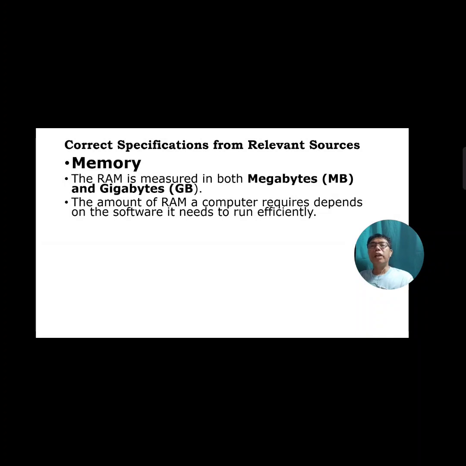The amount of RAM a computer requires depends on the software it needs to run efficiently. So meaning to say, the better functionality of the computer depends on the RAM.